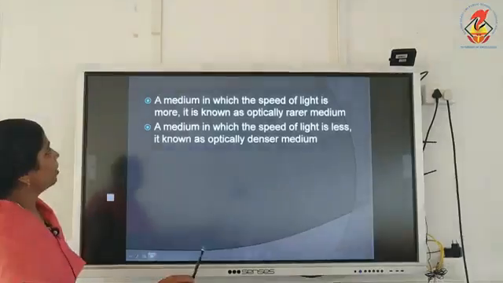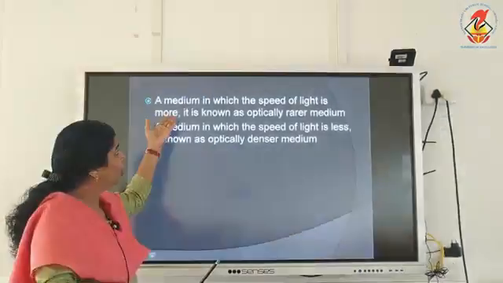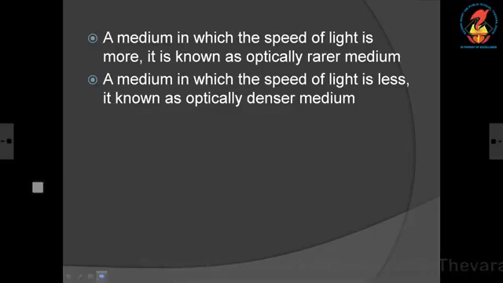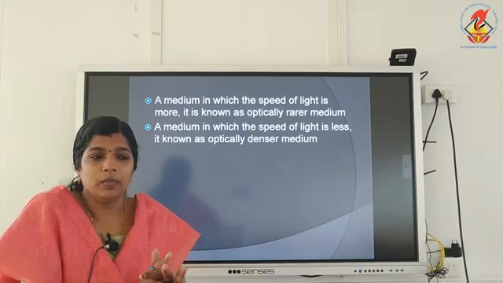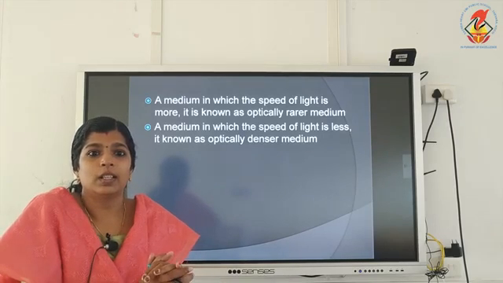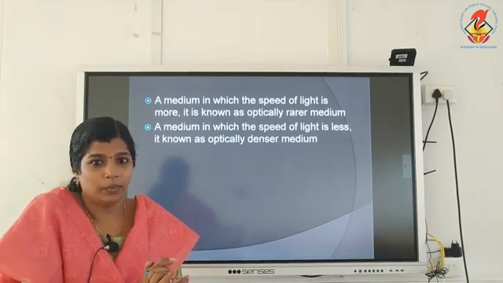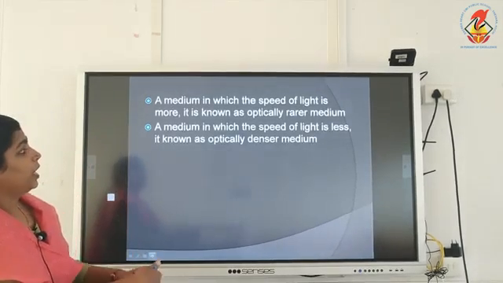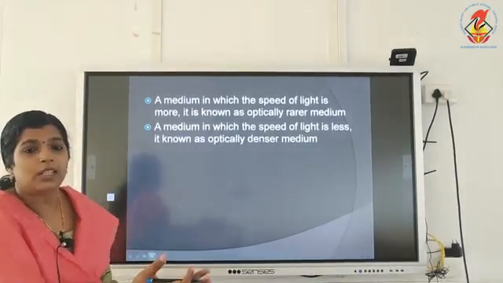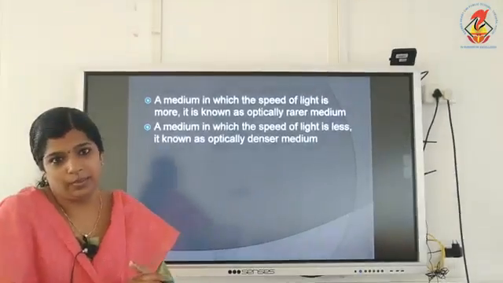A medium in which the speed of light is more is known as an optically rarer medium. Optically denser medium means the speed of light is less.